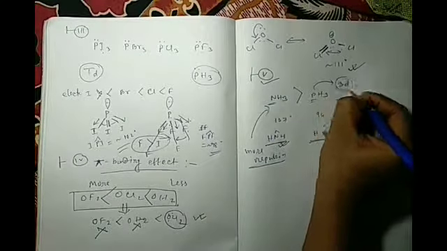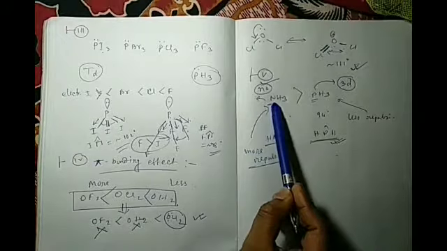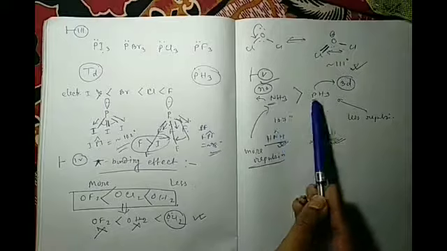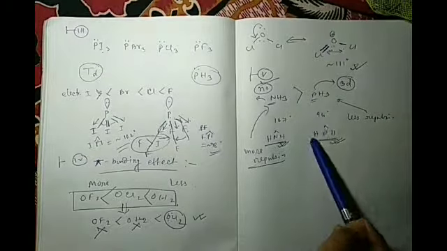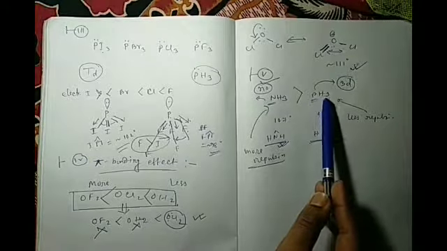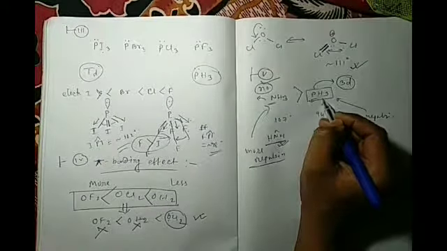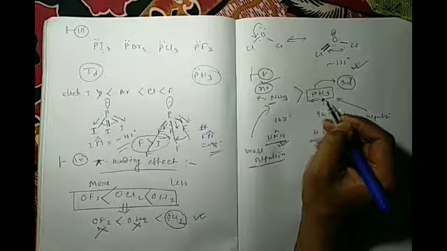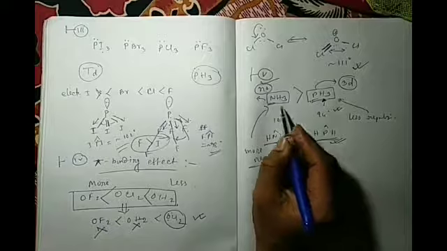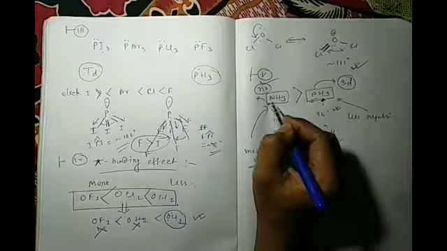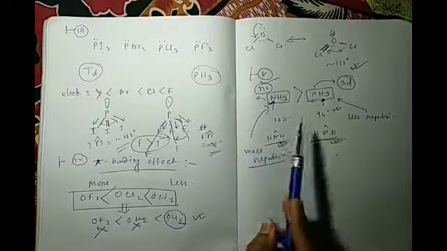Phosphorus has vacant 3d orbitals, whereas nitrogen has no vacant orbitals. Phosphorus is a bulkier atom than nitrogen. Due to the vacant 3d orbitals, the bond pair electrons in PH3 can move freely. But in the case of NH3, the N-H bonds are more repelled due to the crowdedness of the N atom, so the N-H bond is shorter and repelled more.